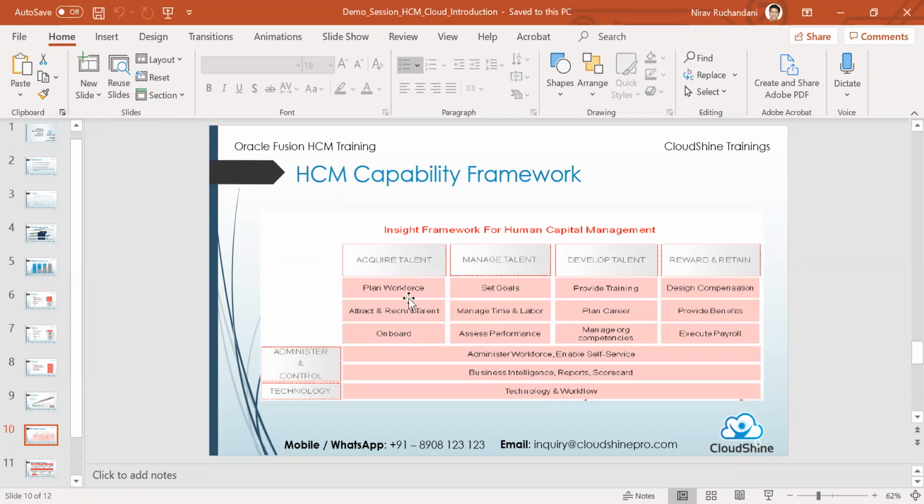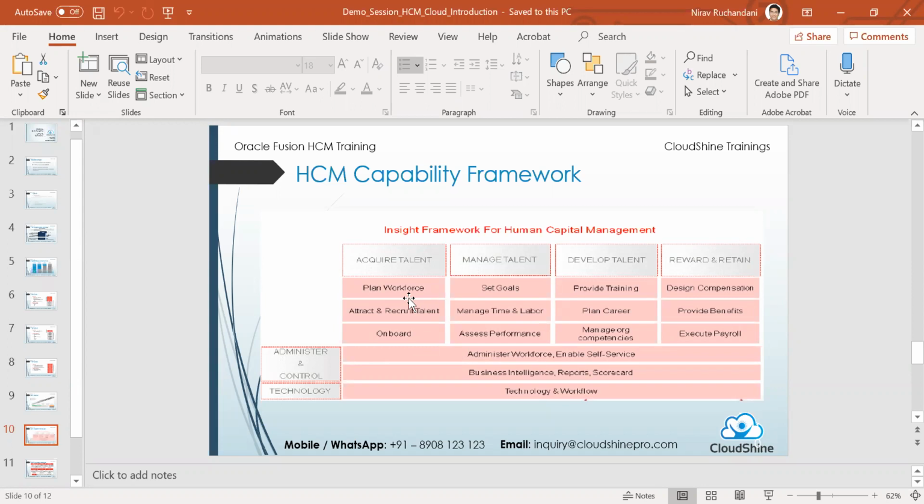Then we have managing the talent. Once the employee is onboarded into the company, he will start working on the goals of the company, or how his goals are aligned to the company's goals or objectives. So that's the goal setting exercise that happens within Fusion. And through the course of the goal setting, he starts working on those goals.